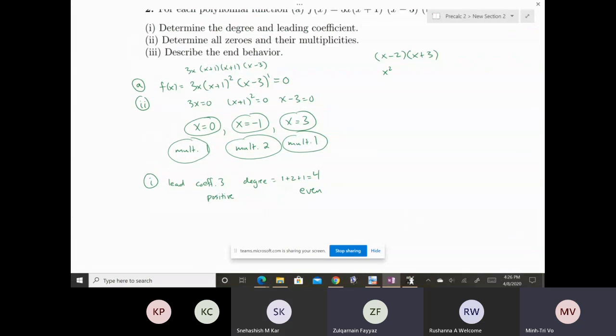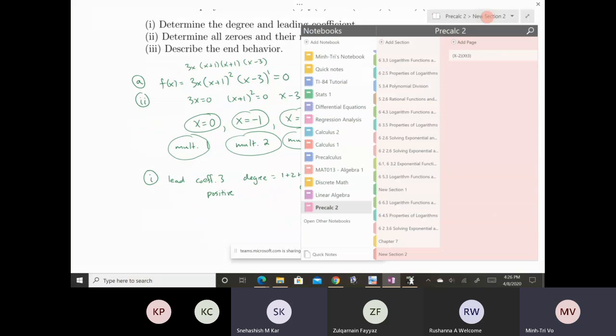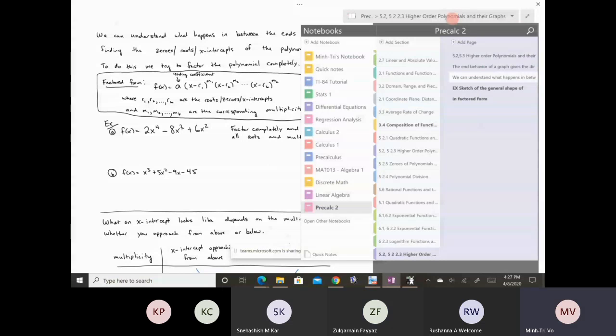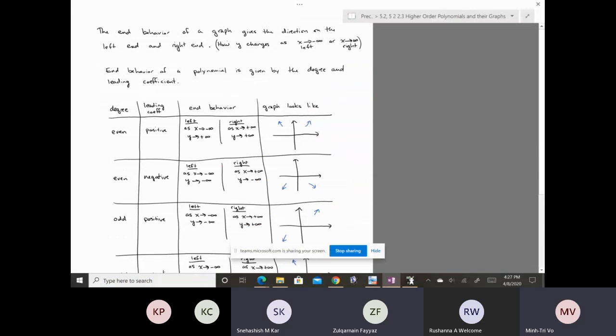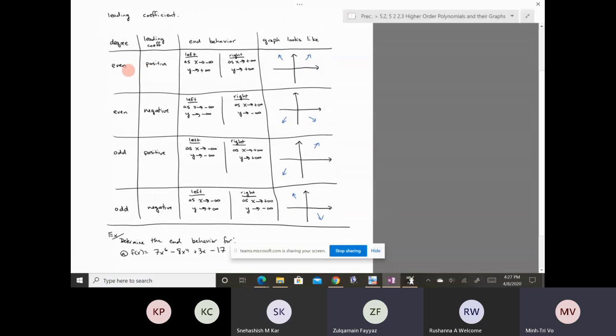and okay, so now we just have to follow what the end behavior should be, right? So this was from section 5.2. So what does it say in section 5.2 in terms of the end behavior? Right, so again, for the degree, you're looking at whether it's even or odd, and for the leading coefficient, you look at whether it's positive or negative.